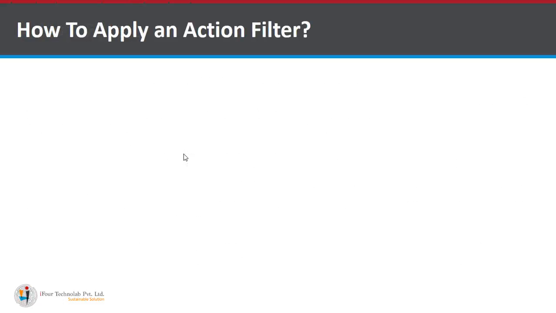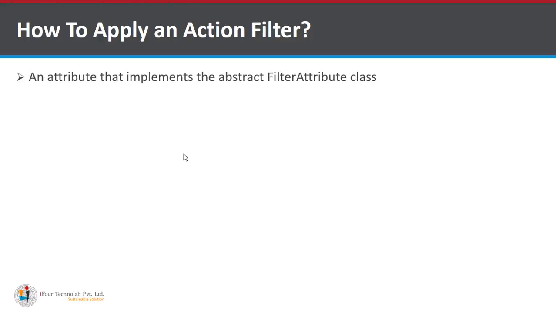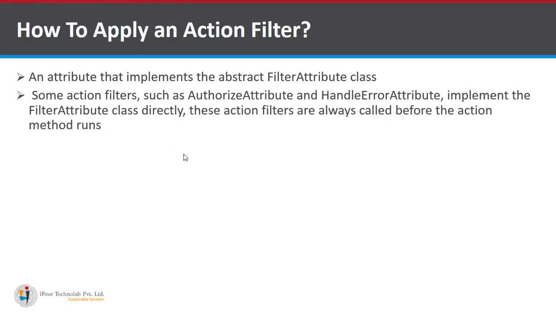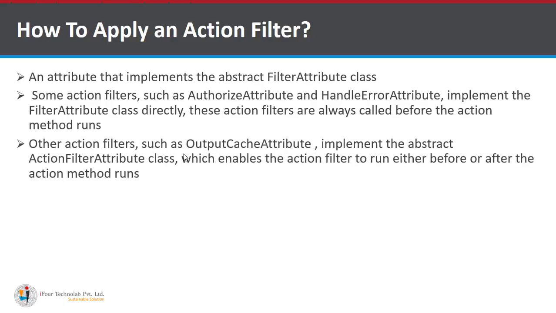Now next one is how to apply an action filter. Use an attribute that implements the abstract FilterAttribute class. Some action filters such as AuthorizeAttribute and HandleErrorAttribute implement the FilterAttribute class directly. These action filters are always called before the action method runs.